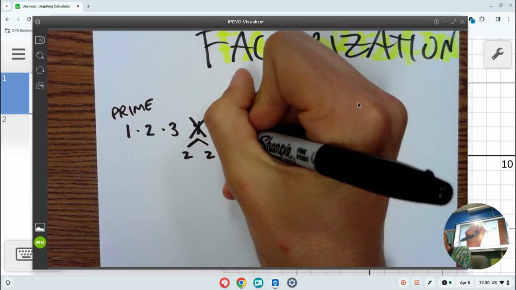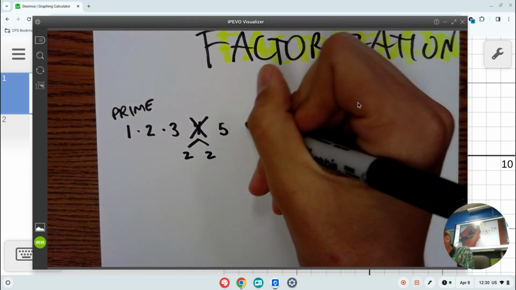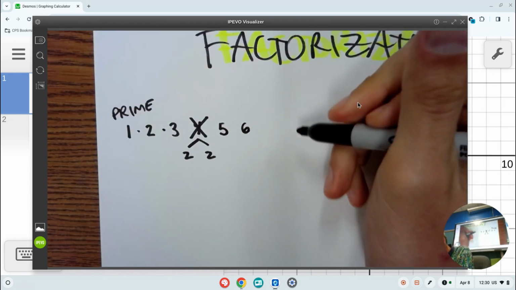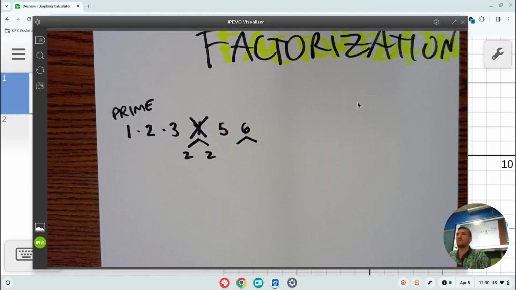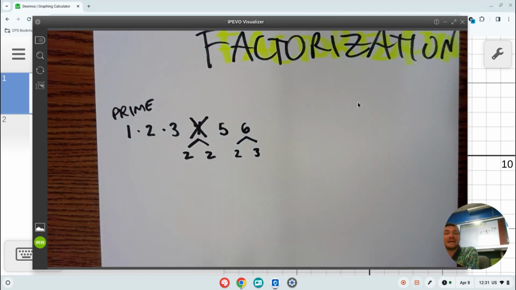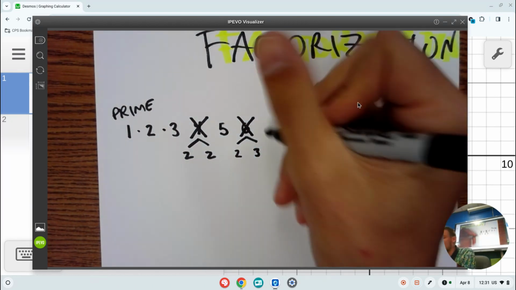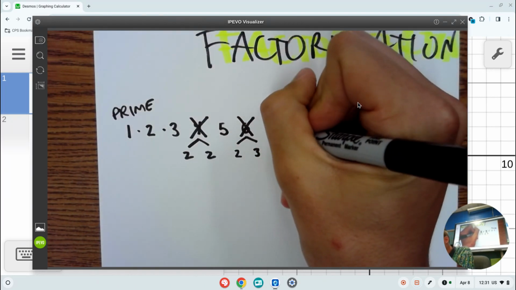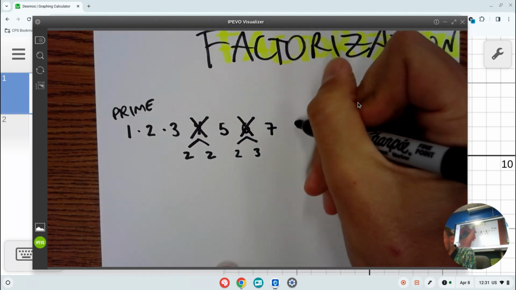Now what about 5? Is 5 prime? Yes. What about 6? Can you build 6 by multiplying two numbers together? What can you multiply together to make 6? 2 times 3 makes 6. So 6 is no good. What about 7? Is 7 prime? 7 is prime. You can't multiply any two other things together.